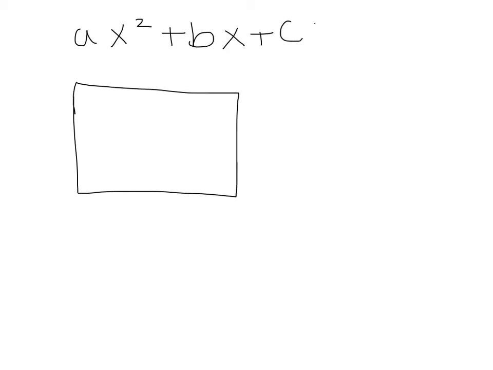box, okay? So if you're given a quadratic expression such as ax squared plus bx plus c, you are going to draw two things. You're going to draw a box or a rectangle, and you're going to draw an x. In the bottom left-hand side of the box is where you are going to put your first term, which is ax squared.